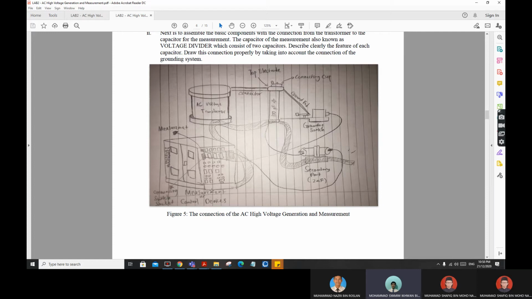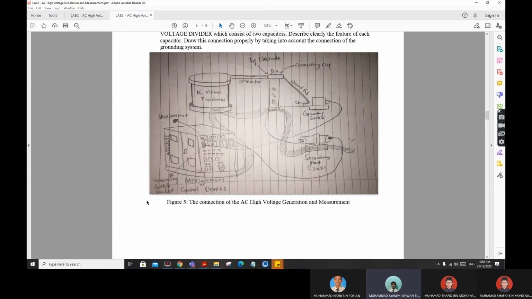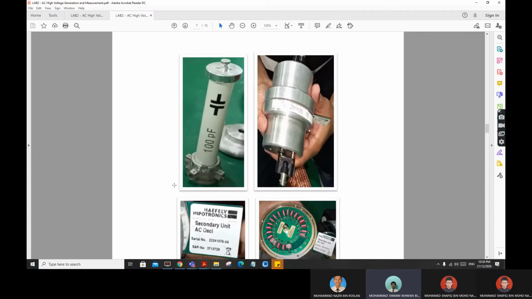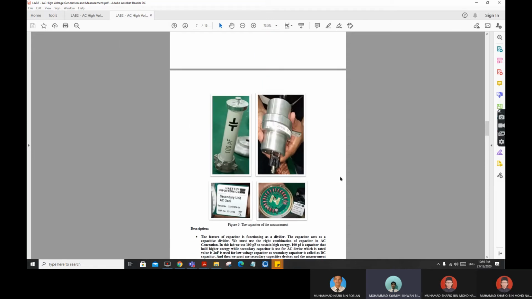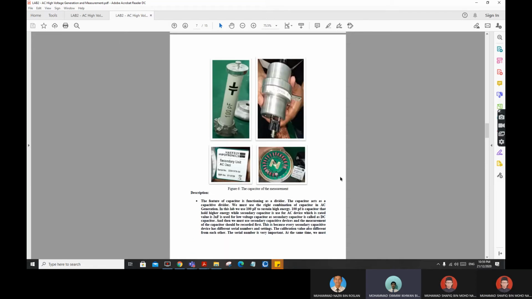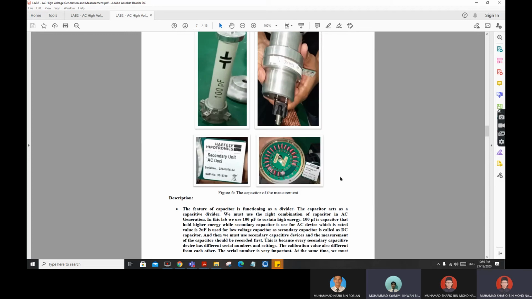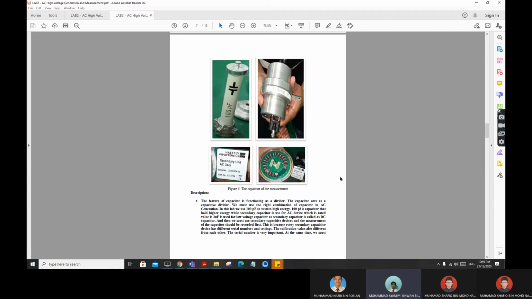The last is a connection to the measurement or control device. Figure 6 shows the capacitor of the measurement. The feature of the capacitor is that it functions as a divider. The capacitor acts as a capacitive divider.